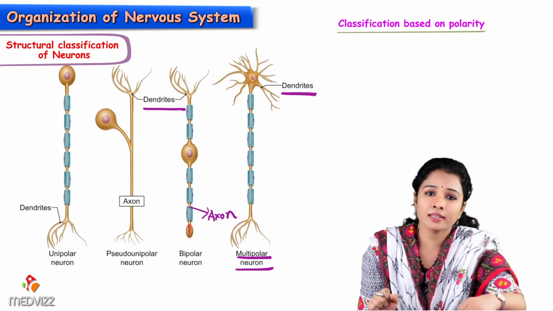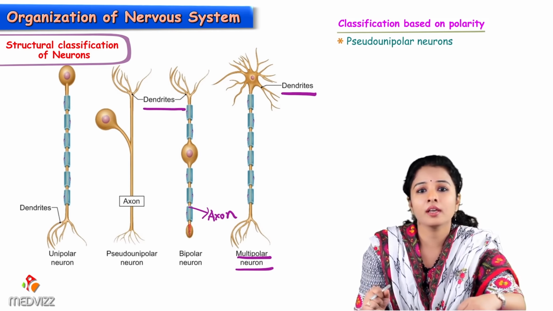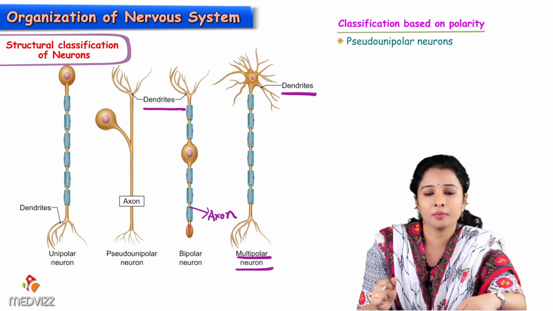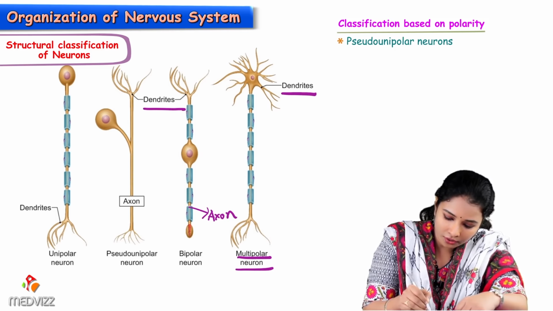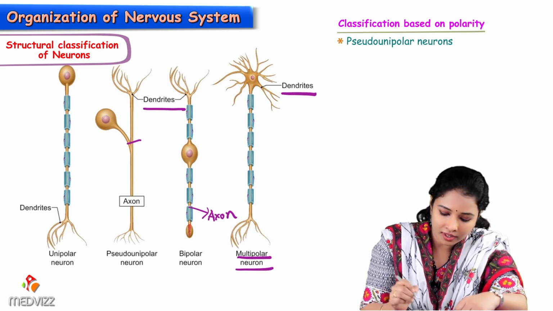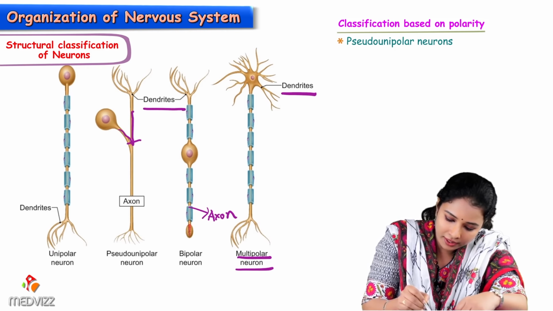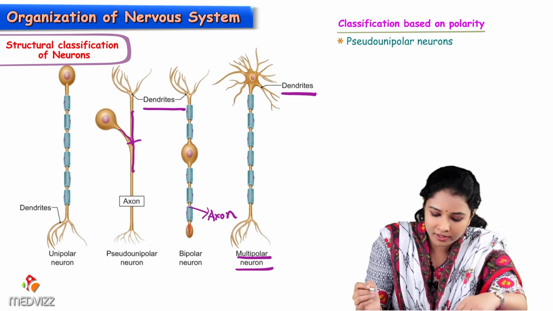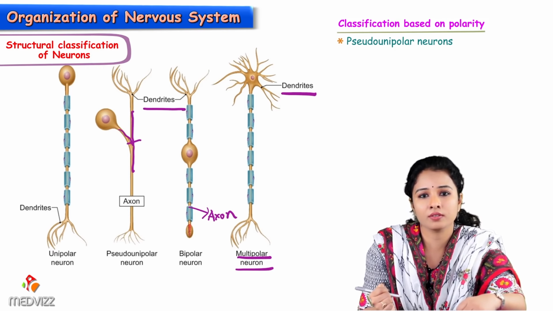The third variety is the pseudo-unipolar neurons. Pseudo-unipolar means false, and they have a single process which emerges from the cell body. So this is a pseudo-unipolar neuron having a single process, and immediately this single process splits into ascending and descending fibers. One is called the dendrite, the other is called the axon.